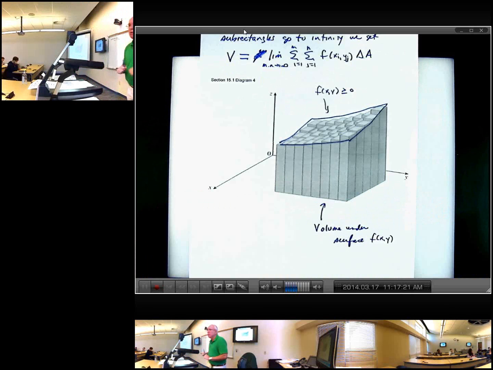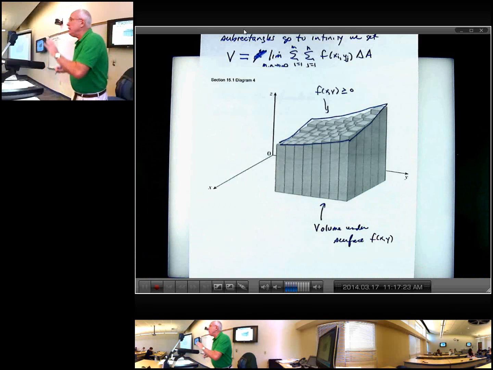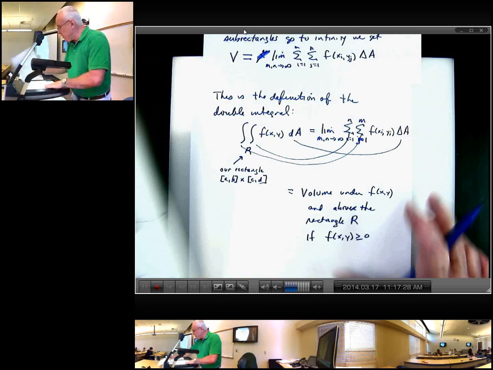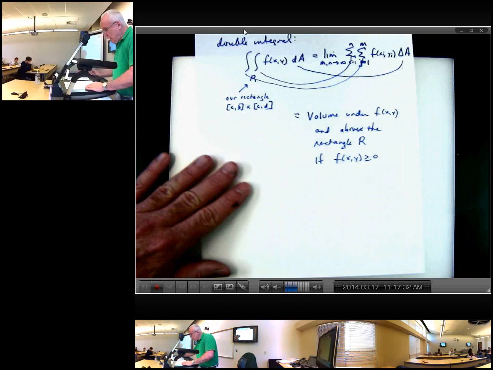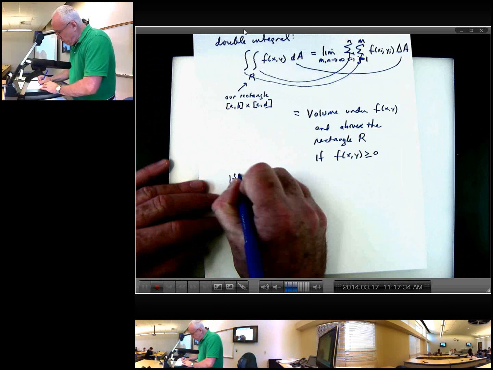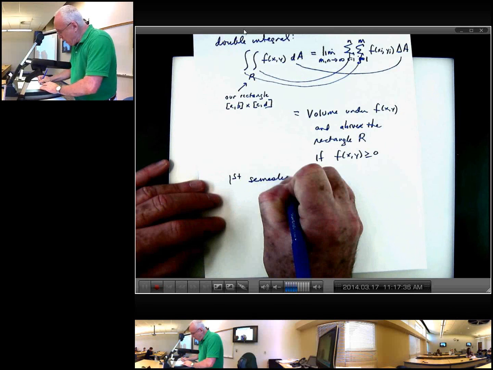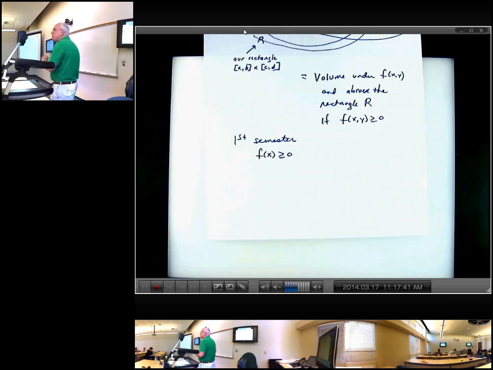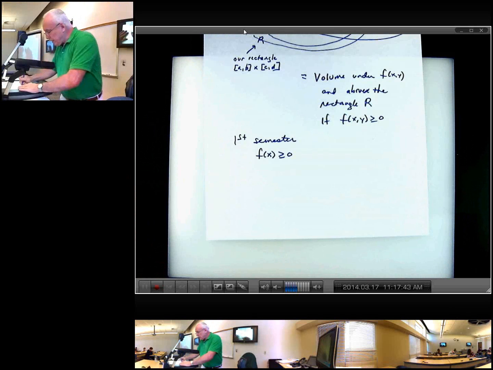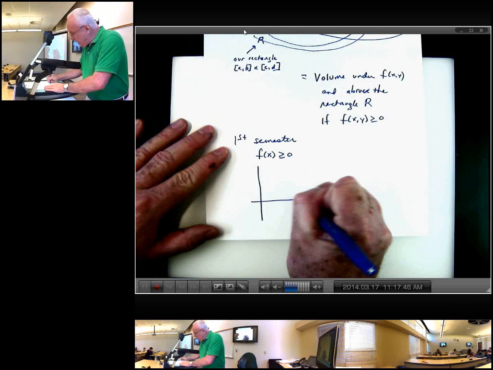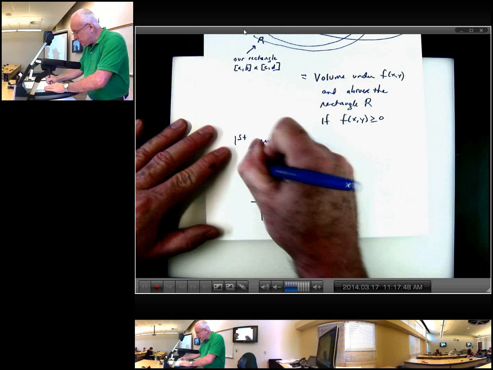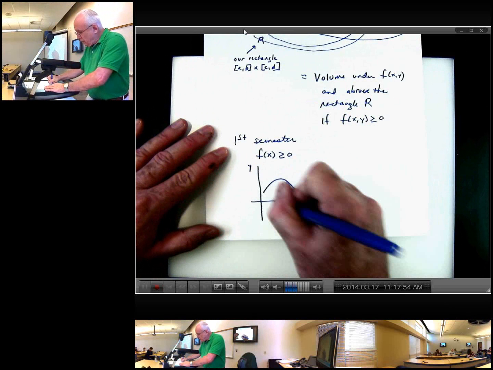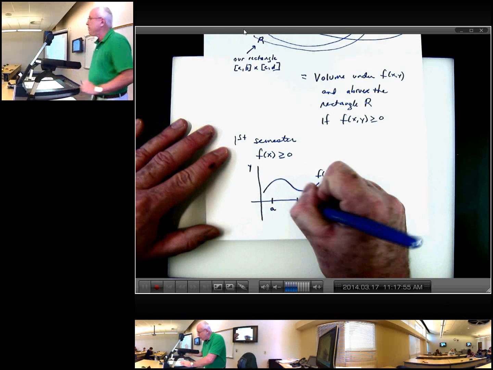Just like you saw in first semester calculus, let me compare it to that. In first semester, you had a function of a single variable that you assumed was bigger than 0. We had our x-axis and y-axis, and say we have the graph of the function here. Here we have x equals a, here we have x equals b.